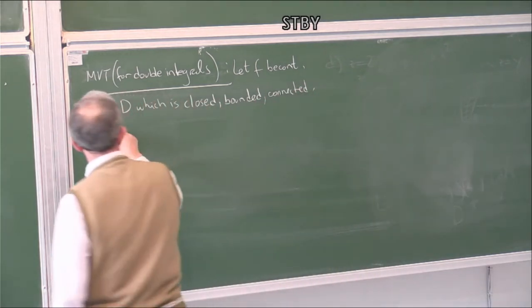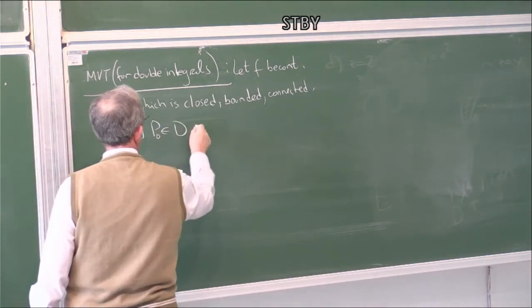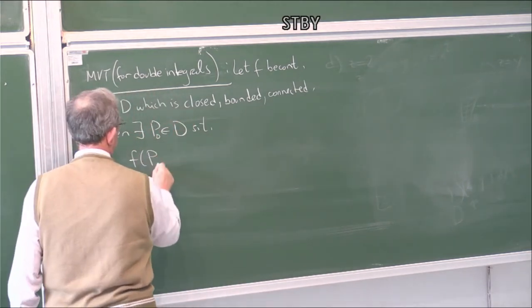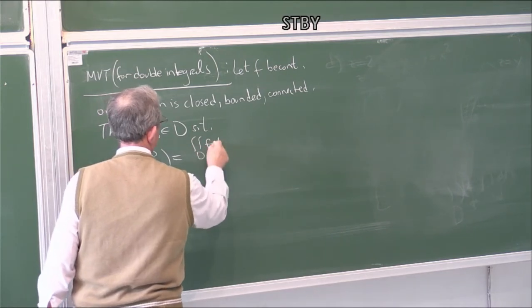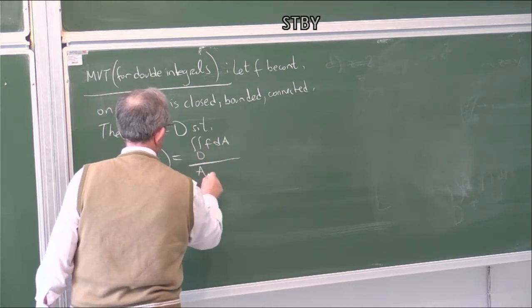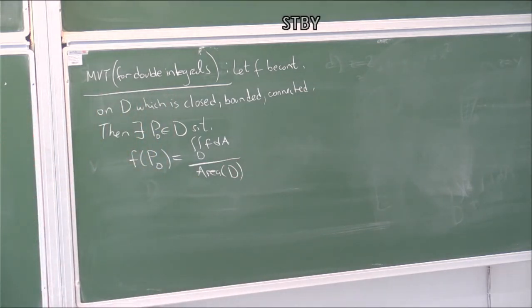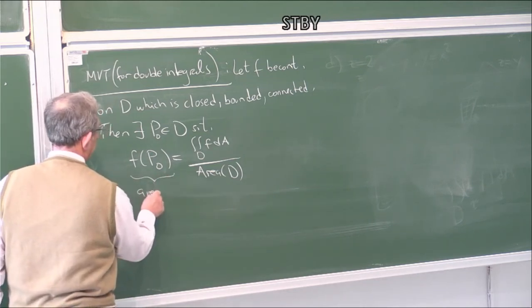Then there exists a point P0 in D such that f of P0 is indeed the integral divided by the area. As before, we will call this value the average value.